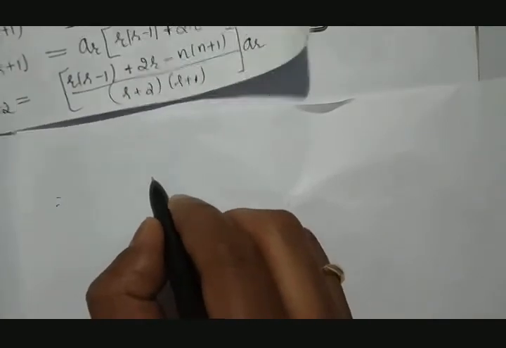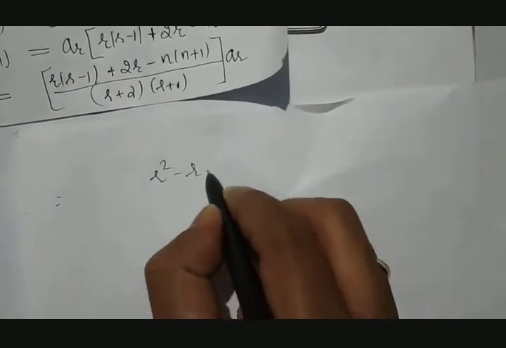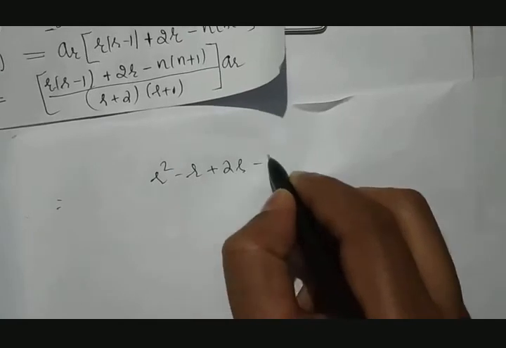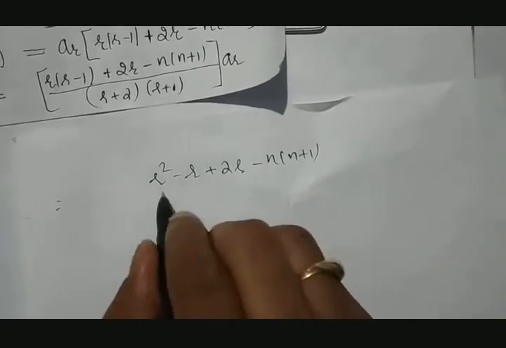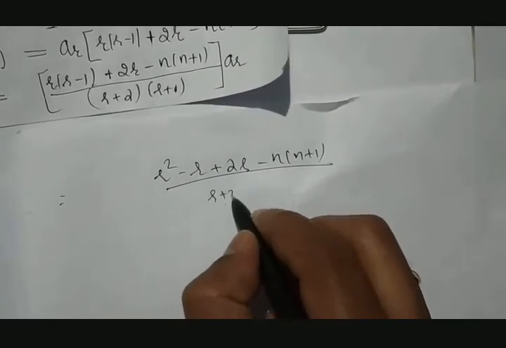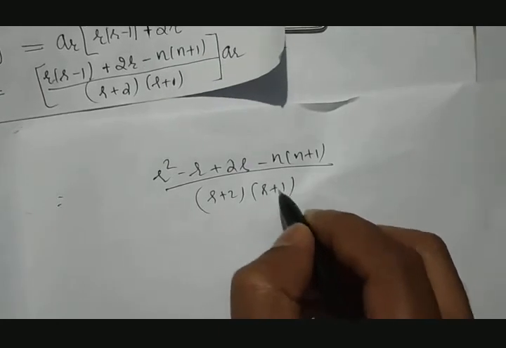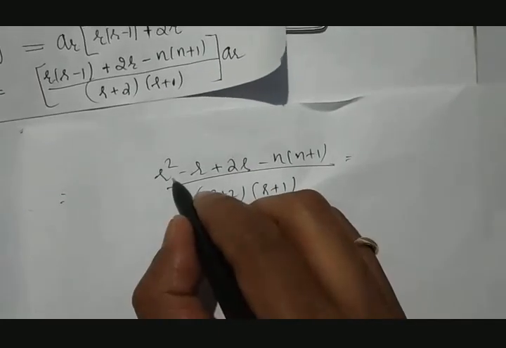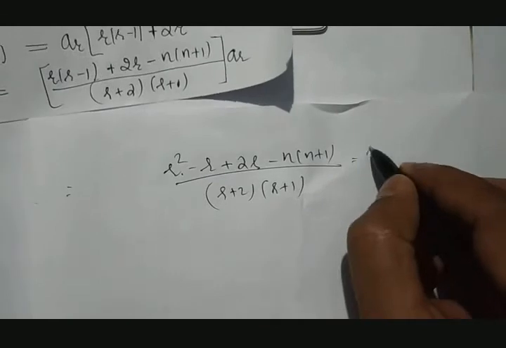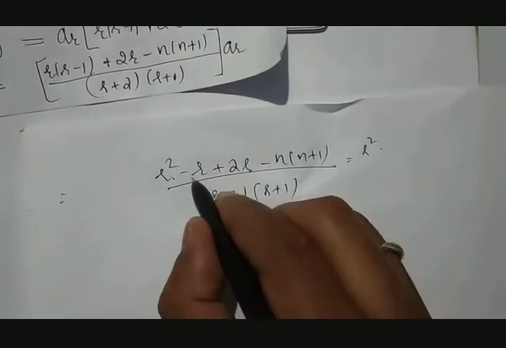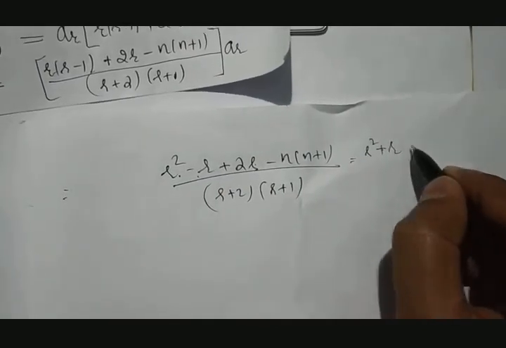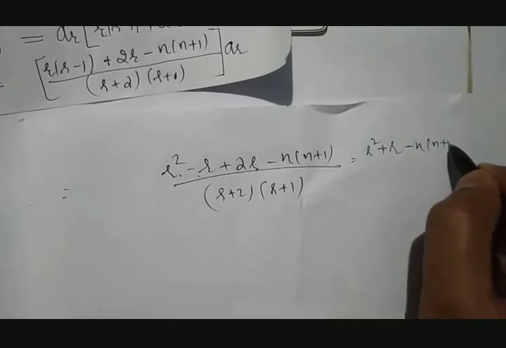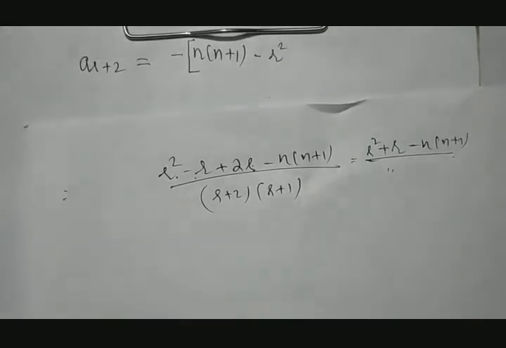As per this, you can see it becomes r square minus r plus 2r minus n into n plus 1, divided by r plus 2 into r plus 1. Therefore, r square minus r plus r, so plus r minus n into n plus 1, divided by this.